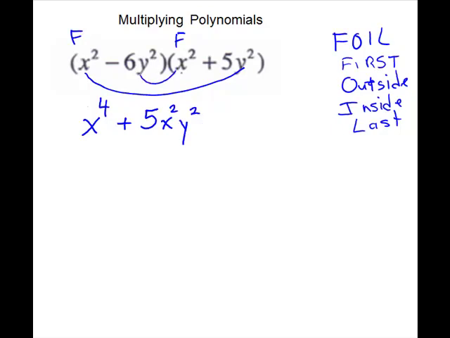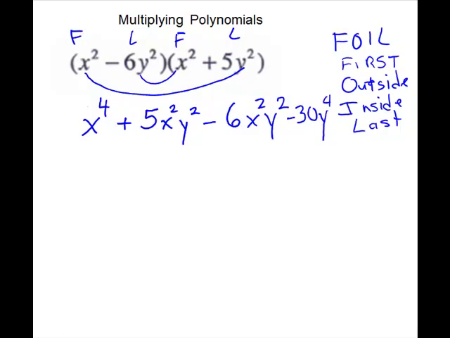Right, inside, this will be minus 6 x squared y squared. I usually just keep my variables in alphabetical order so that it's easy to see like ones. And last, I'll have a minus 30 on the numbers, and I will have y to the 4th.